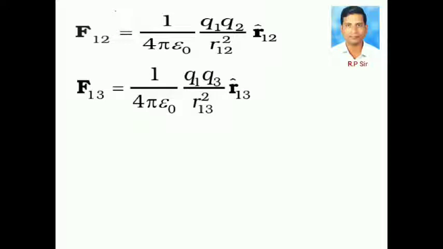Now, the net force acting on Q1 due to Q2 and Q3 is F equals F12 plus F13.